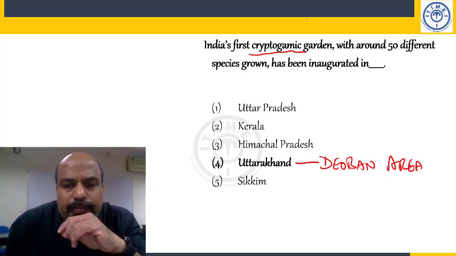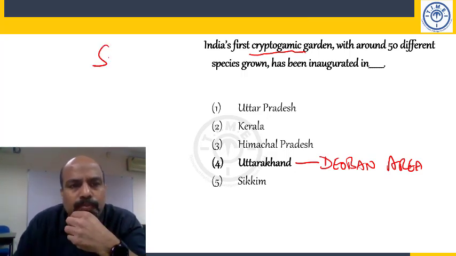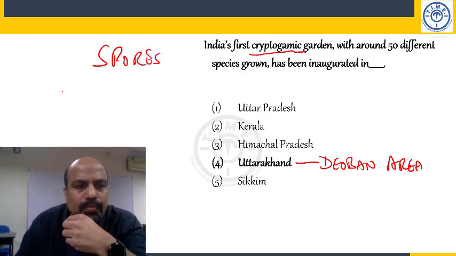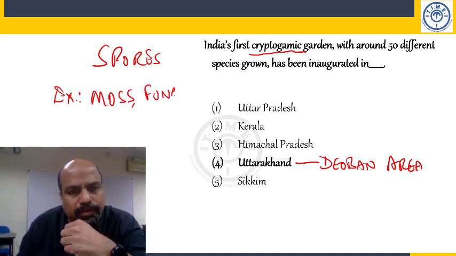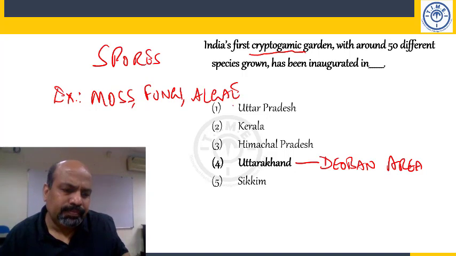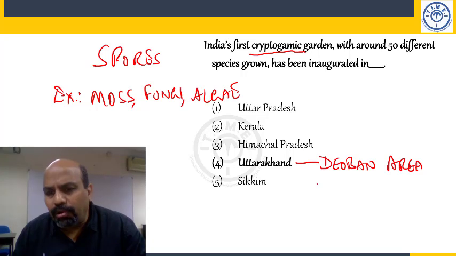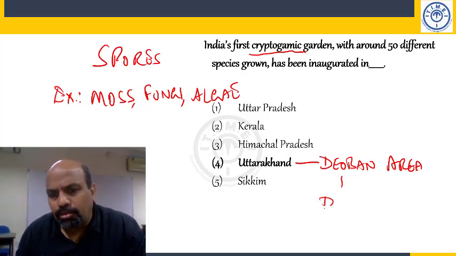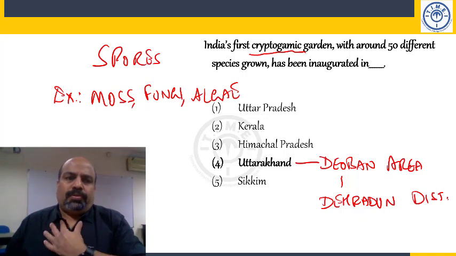Next, they reproduce from spores. Examples: moss, fungi, algae. Three are enough. Deoban area of Dehradun district, if you want that specific information.